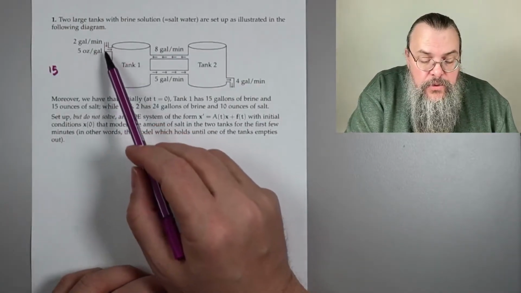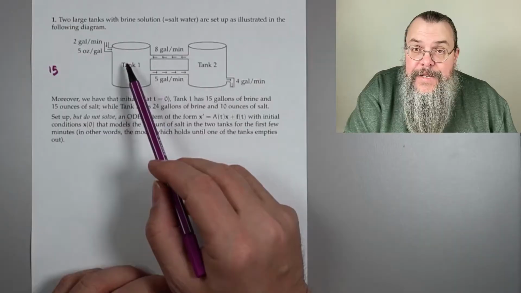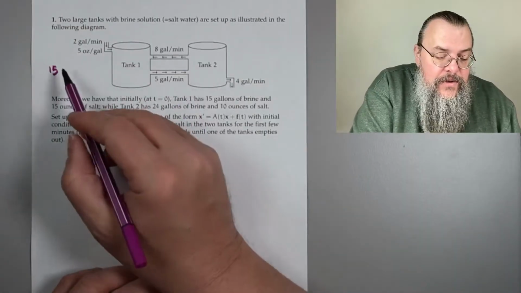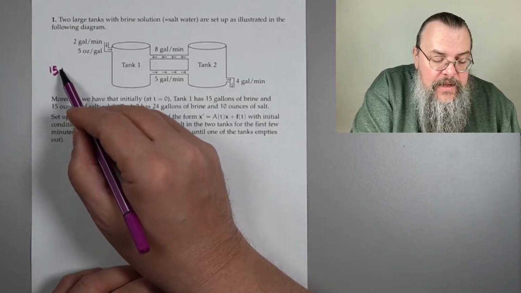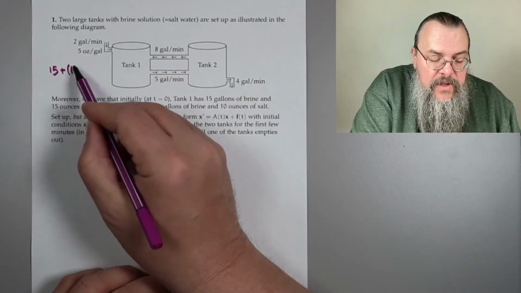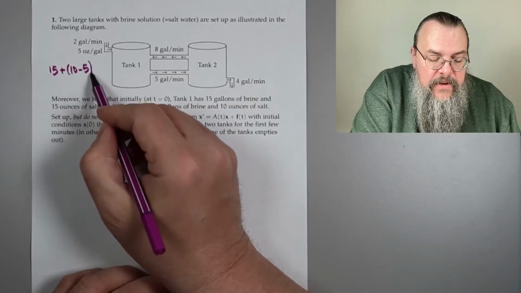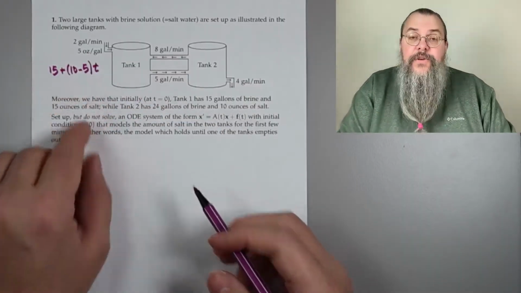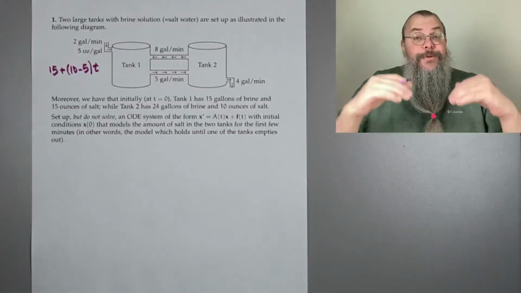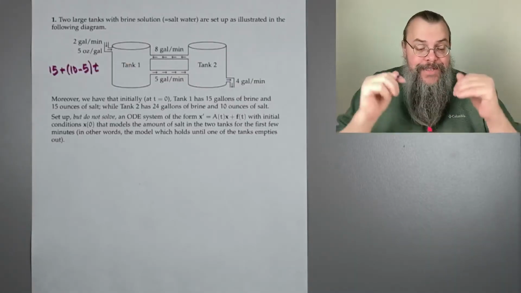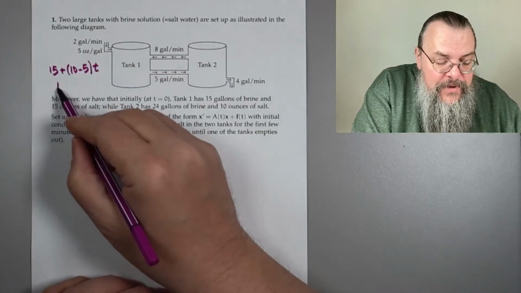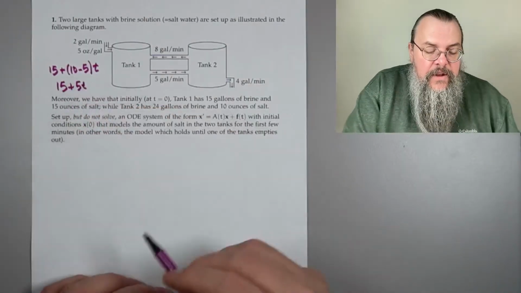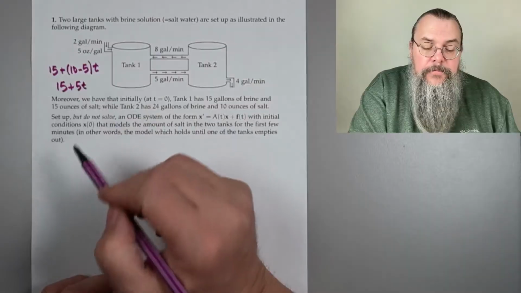We have 2 plus 8 coming in. We have 5 going out. So if we think about that, we have positive 10, negative 5 as our net 5. So that says the water levels are rising. So we can write this as 15 plus 5t. So that's the water level in tank 1.